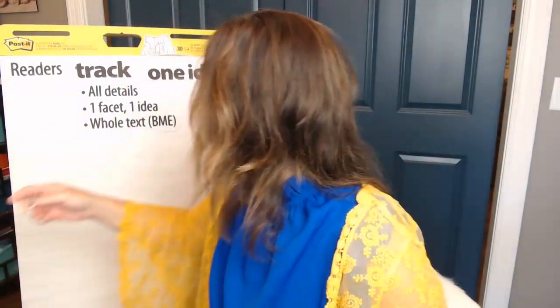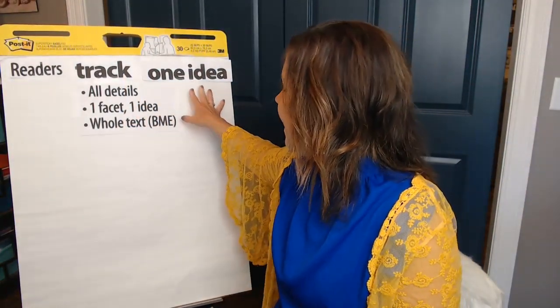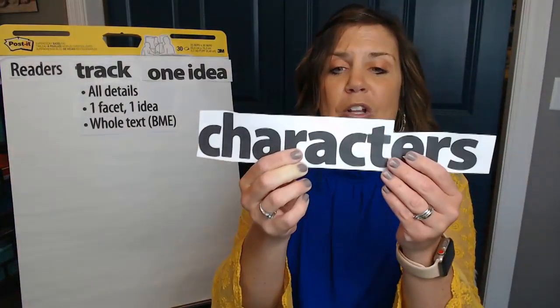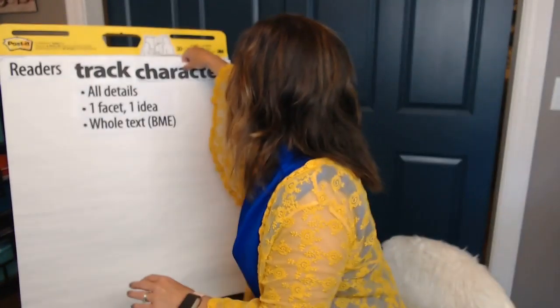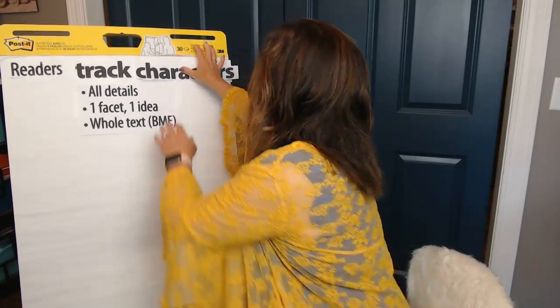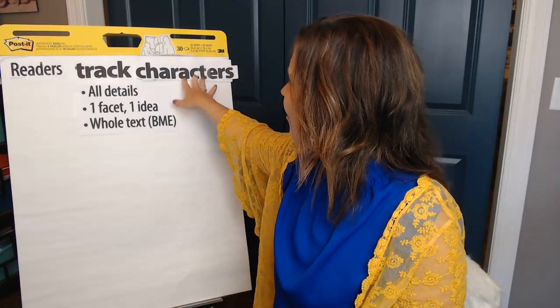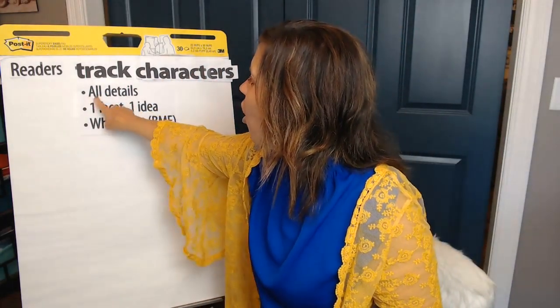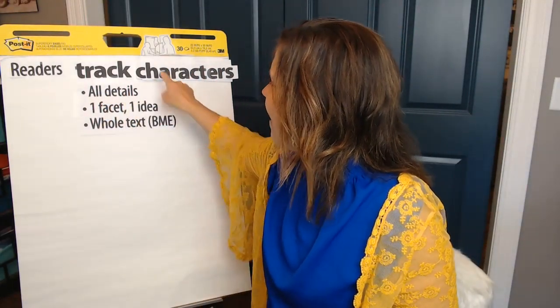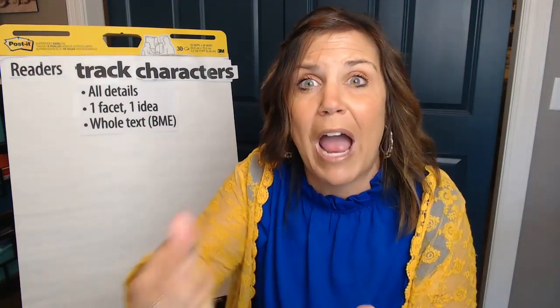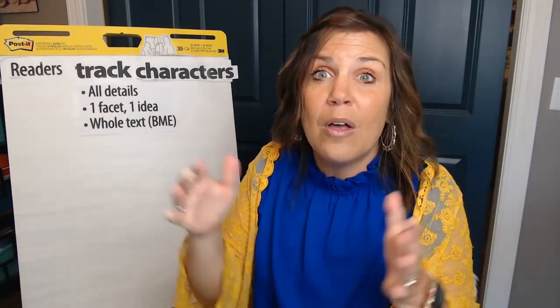Well, today we're going to zoom in to characters, and we're going to look at how to track a character. So I'm going to cover up that one idea, and we're just going to look at how we can track a character. We're going to look at all the details about that character. We're going to collect as many details as we can as we track through the whole story.